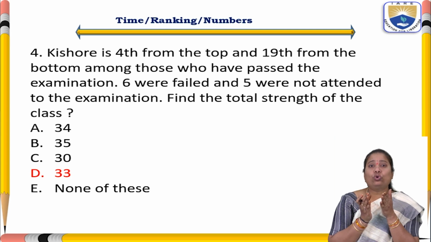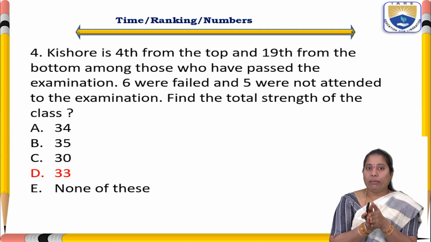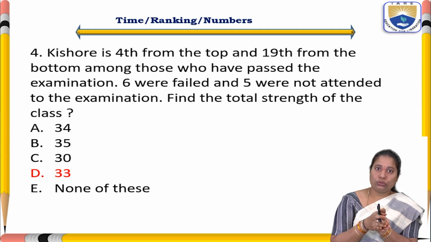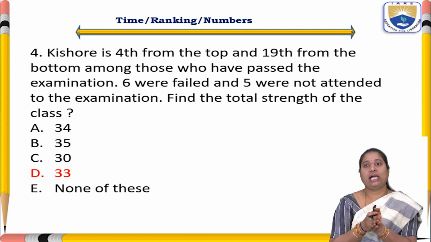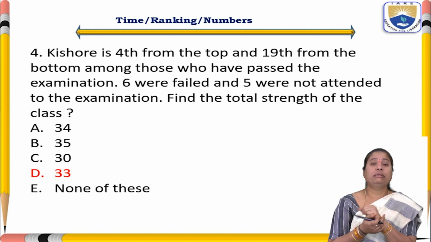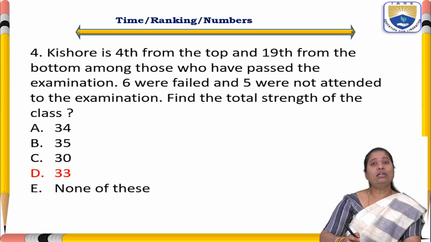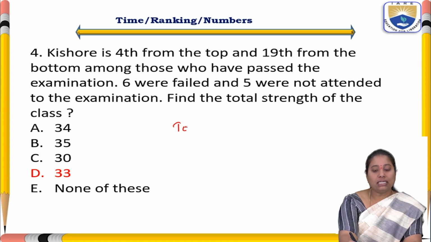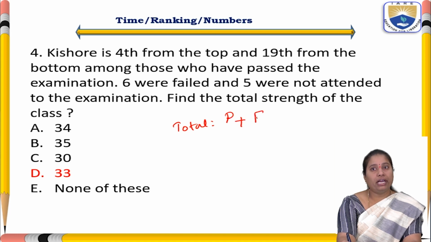So, the total strength of the class is a combination of all the passed students, failed students, as well as the absent students. If it is there in our mind, it is a very simple problem for us. First of all, the total strength of the class is equal to passed students plus failed students plus absent students.